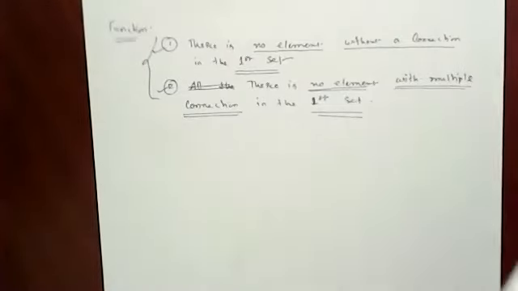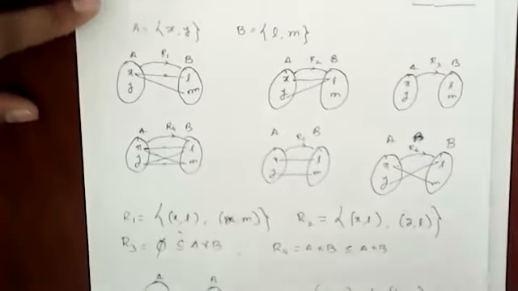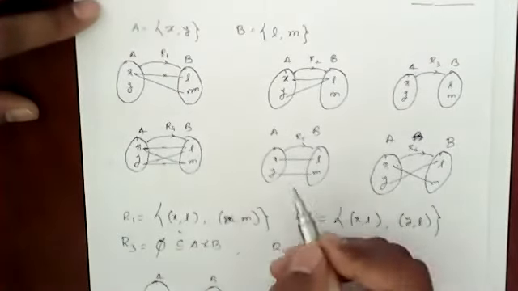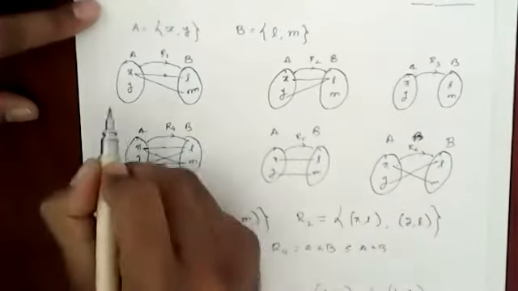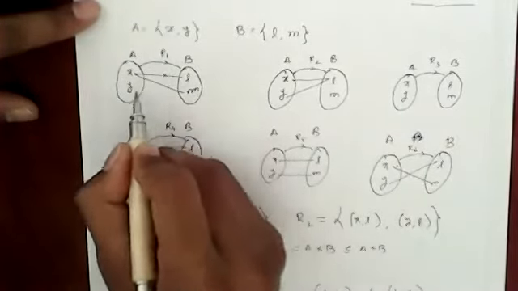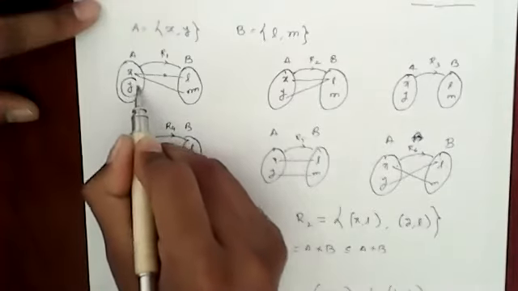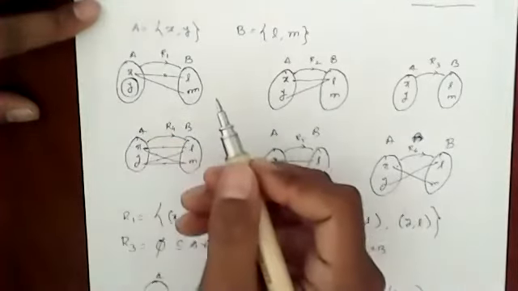Now, look at the examples I gave in the last class. I gave some examples of relations in the last class. What about the first one? This was R1, and if we look at R1, what about the first condition? The first condition is violated. There is an element called Y which has no connections.